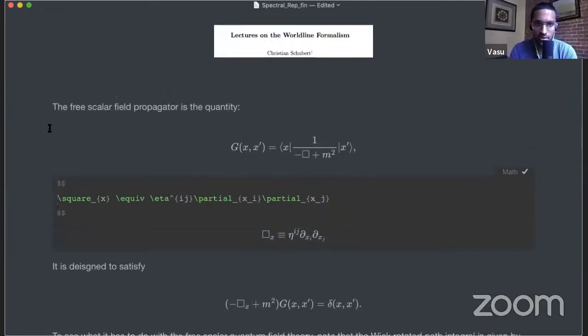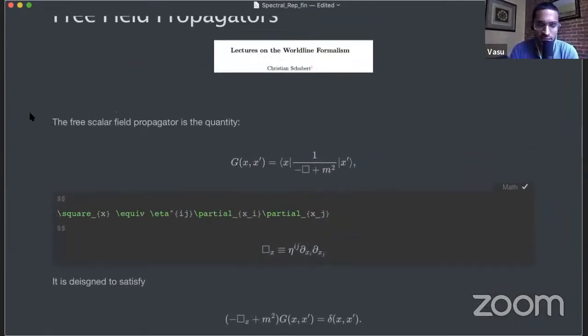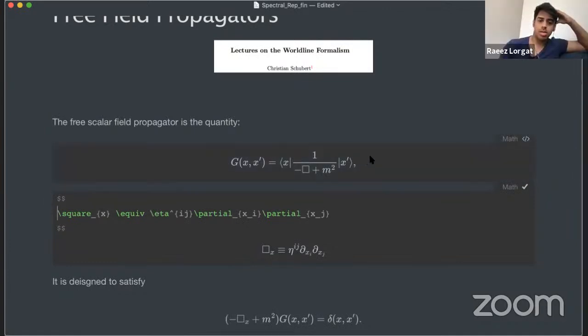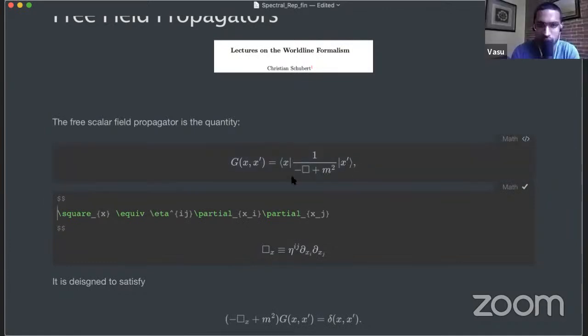What it tells us is the quantum mechanical transition amplitude for a field sourced at position x prime propagating to a sink at position x. This sounds a bit strange or not, depending on what you're used to.